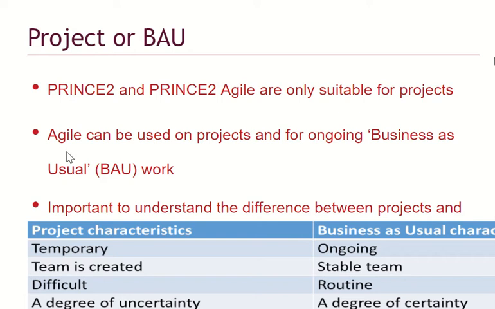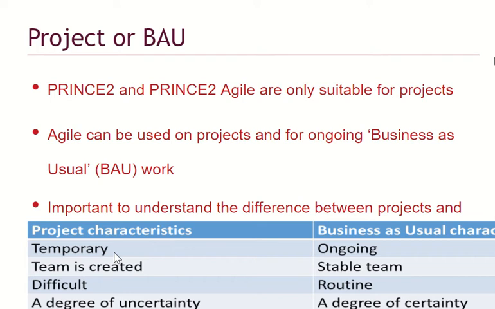Okay? Now, what is the difference between projects and business as usual? The characteristics of a project. Every project is considered a temporary assignment. And so a project team is also a temporary team. Projects are temporary because every project must have start and end dates.